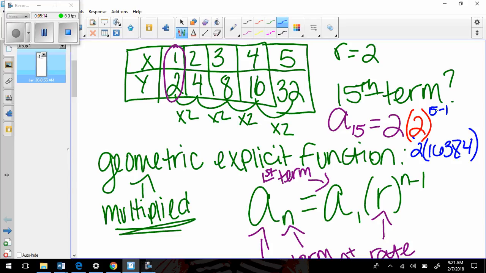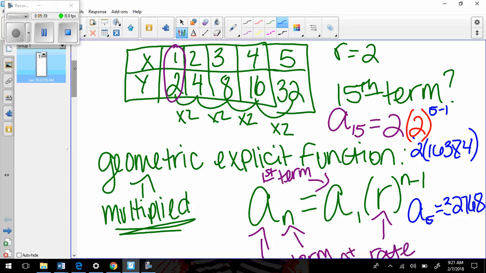This is what 2 to the 14th power is, because 15 minus 1 would be 14. So now I just simply multiply it by 2 to finish this out. And my 15th term, so my a sub 15, is going to equal 32,768.